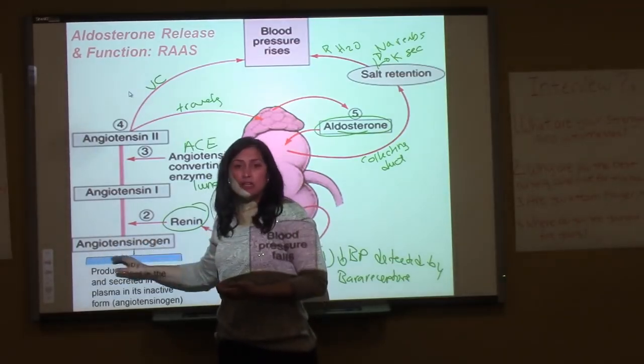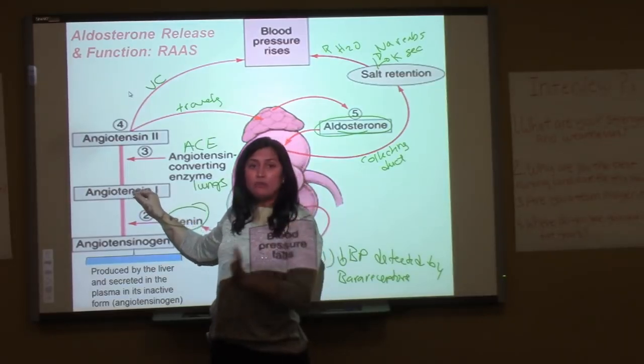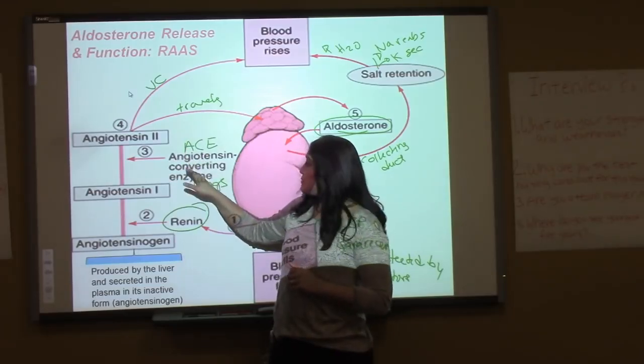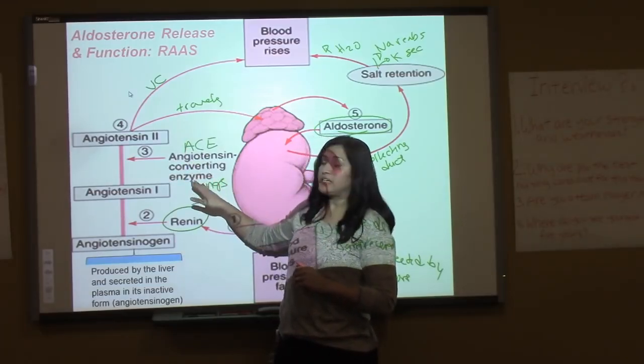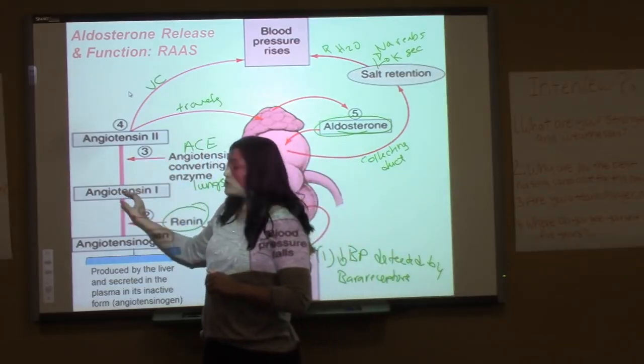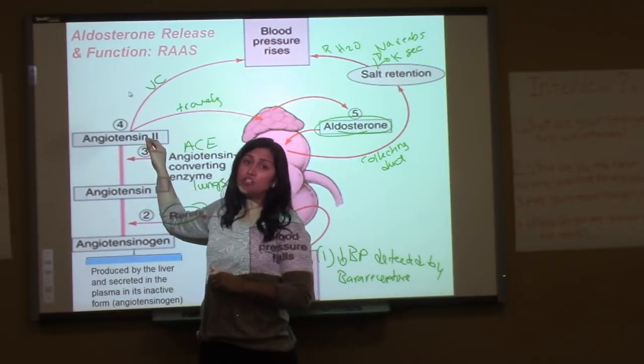It will convert angiotensinogen into angiotensin 1. Angiotensin 1 now travels to the lungs, and within the lungs you have an enzyme waiting for it. The name of the enzyme is angiotensin converting enzyme, or the ACE enzyme. As soon as angiotensin 1 arrives there, it is converted into angiotensin 2.